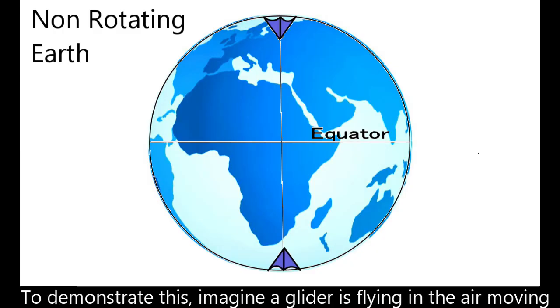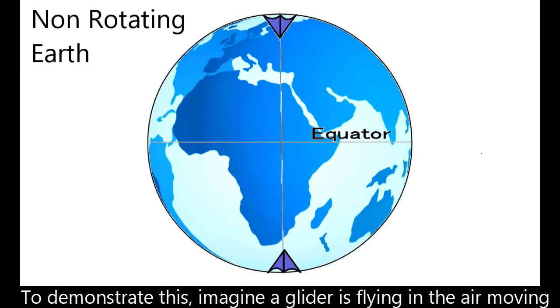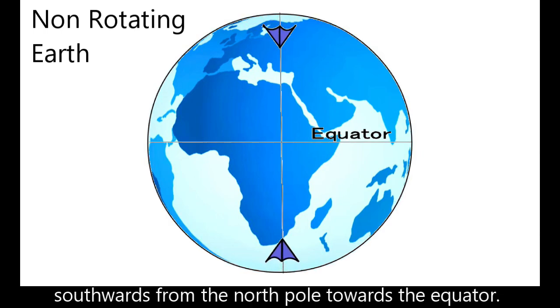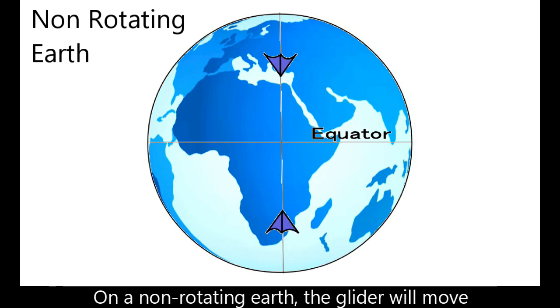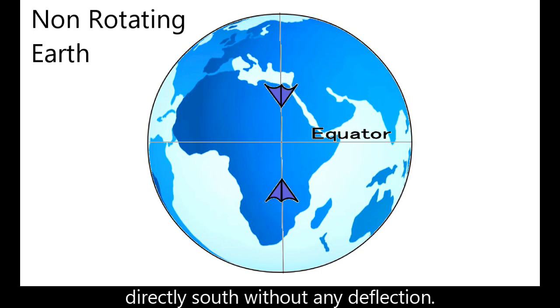To demonstrate this, imagine a glider is flying in the air moving southwards from the North Pole towards the equator. On a non-rotating Earth, the glider will move directly south without any deflection.